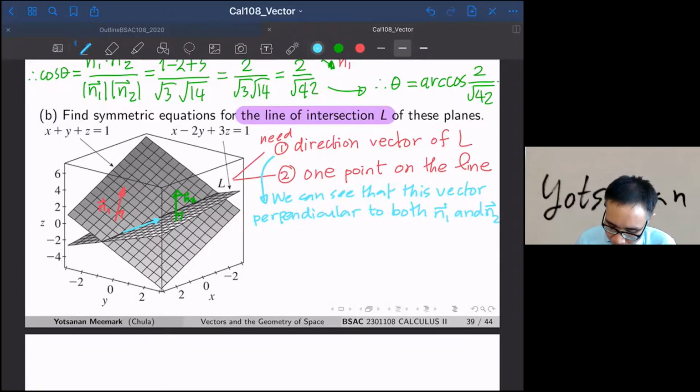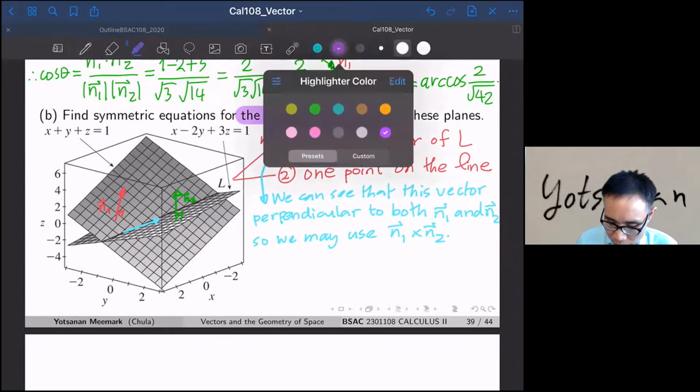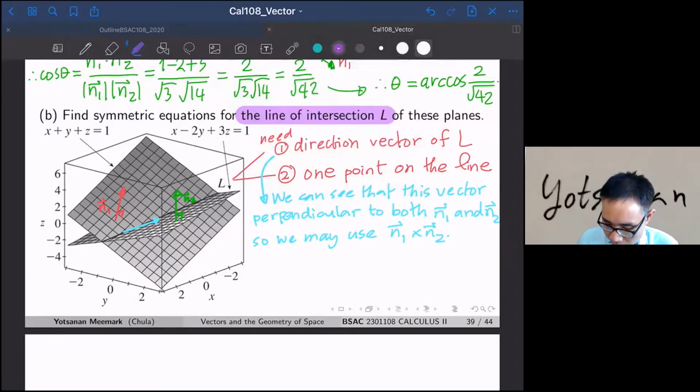So we may use n1 cross n2. So this will be just the key idea for finding this vector. Let me use the highlight to make this a little bit darker.